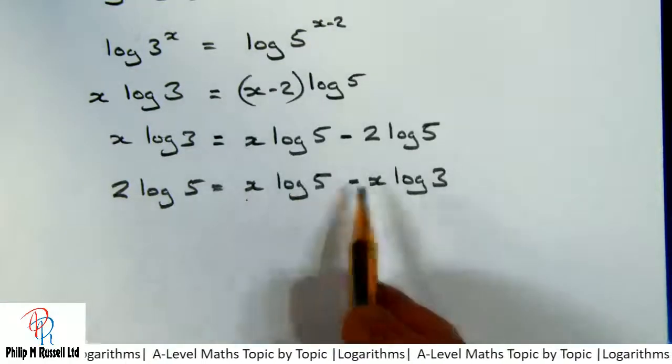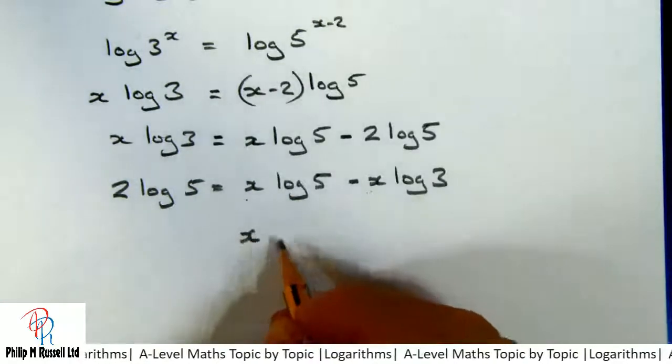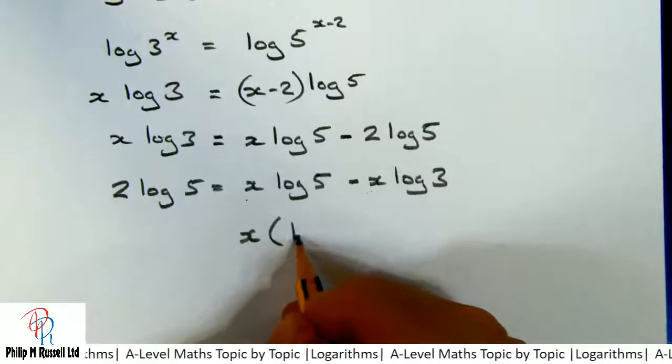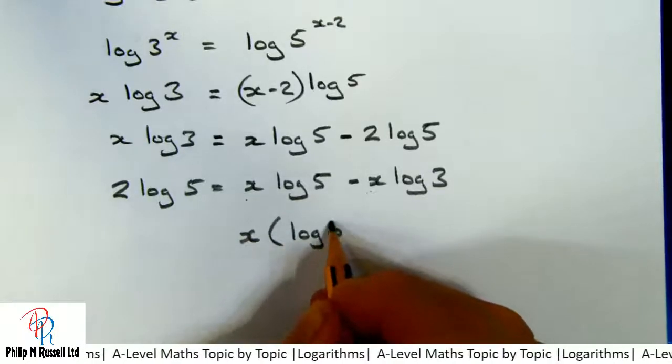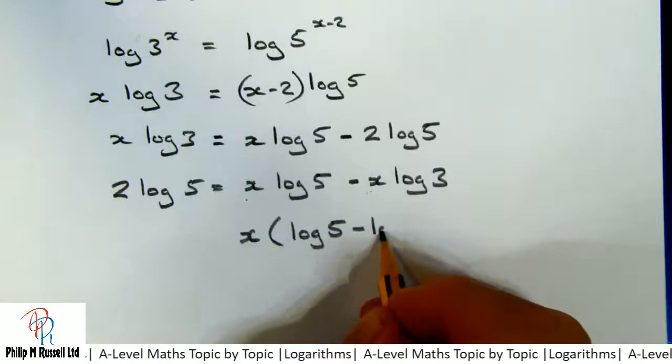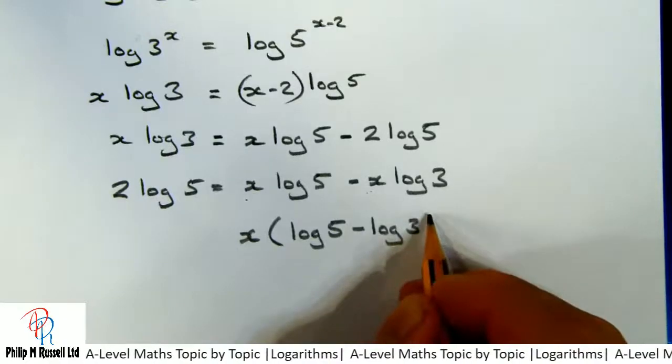Let's take a factor of x out. So x times log 5 minus log 3.